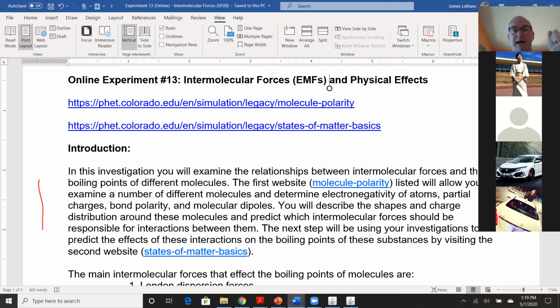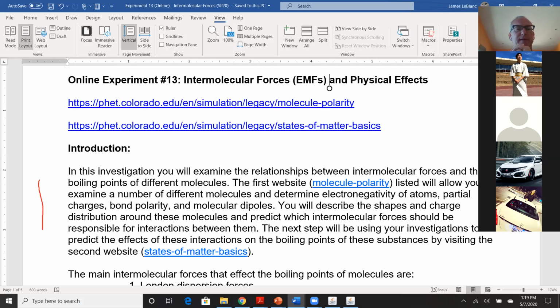Whether you have a dipole interacting with an ion, with a permanent charge, whether you have a strong dipole interacting with another strong dipole through a hydrogen intermediate, which would be hydrogen bonding, or a permanent dipole interacting with another one, a permanent dipole forcing a nonpolar molecule to create a dipole. It's all dipoles.